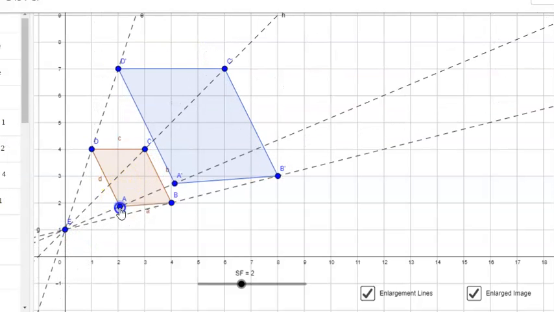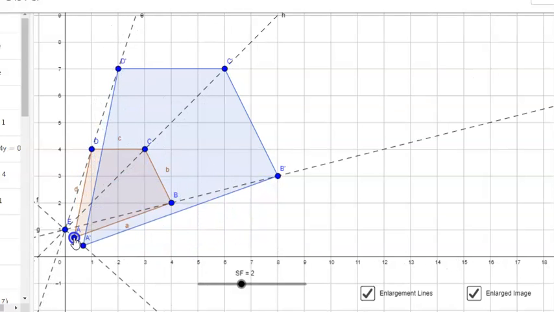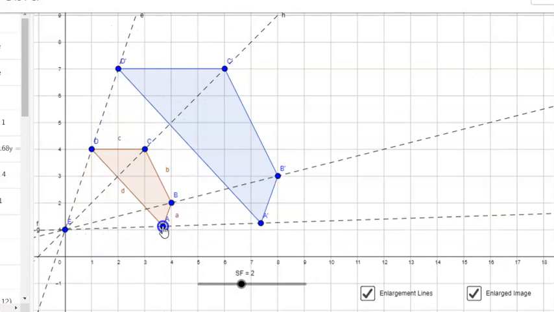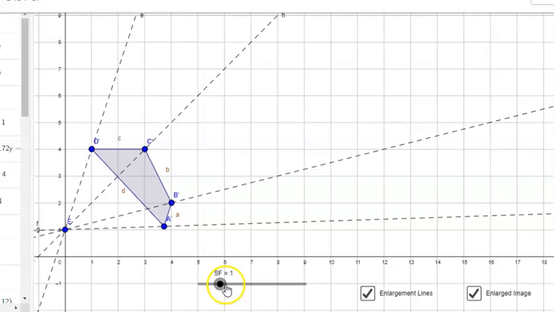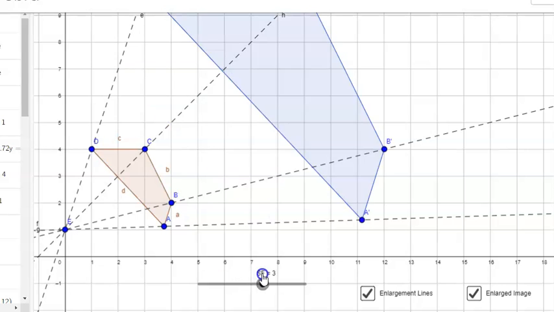And I can change the original shape as long as the image is the same. You might find that the images overlap completely or not. Also, if I reduce the scale factor to 1, the image is immediately over the original. If I increase it, it gets bigger and bigger and bigger.